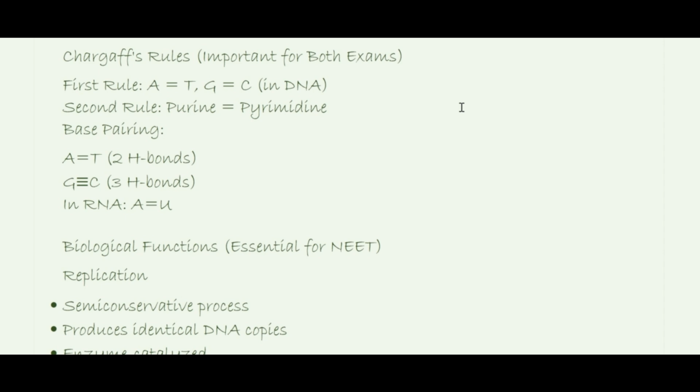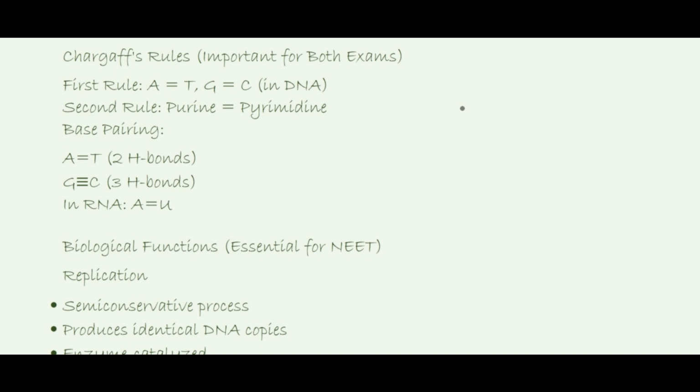The first rule is that the amount of A, adenine, is equal to thymine, and guanine is equal to cytosine. That is the first rule. A equal to T, G equal to C in case of DNA. The second rule is that purine bases are equal to pyrimidine bases.